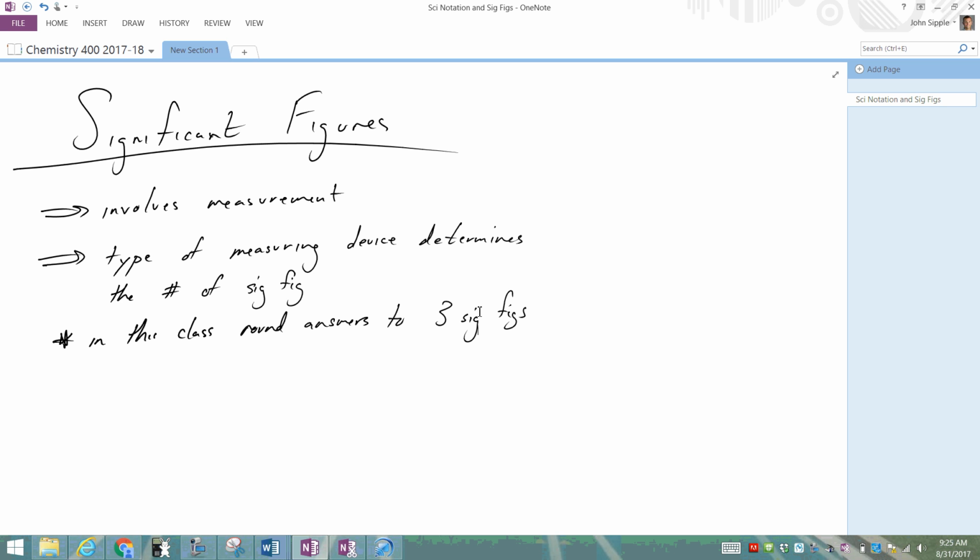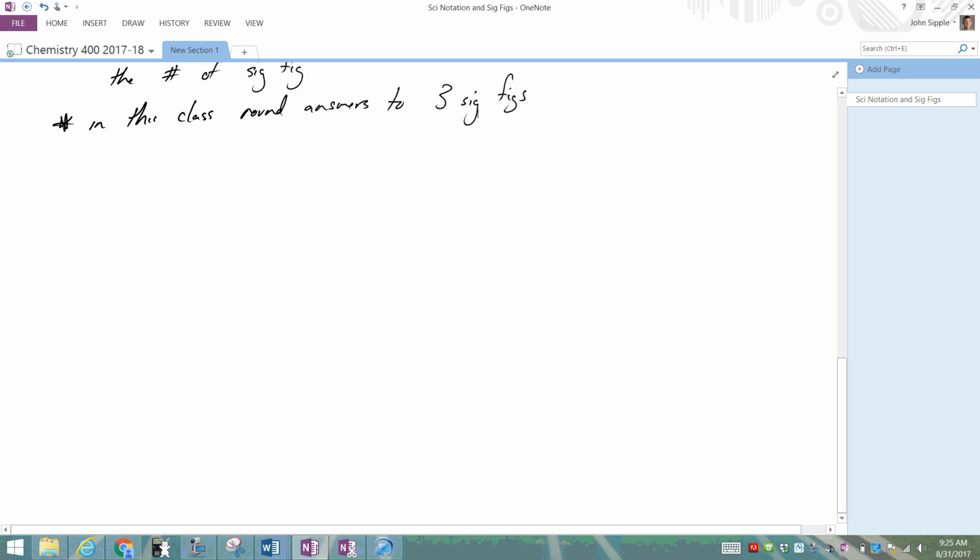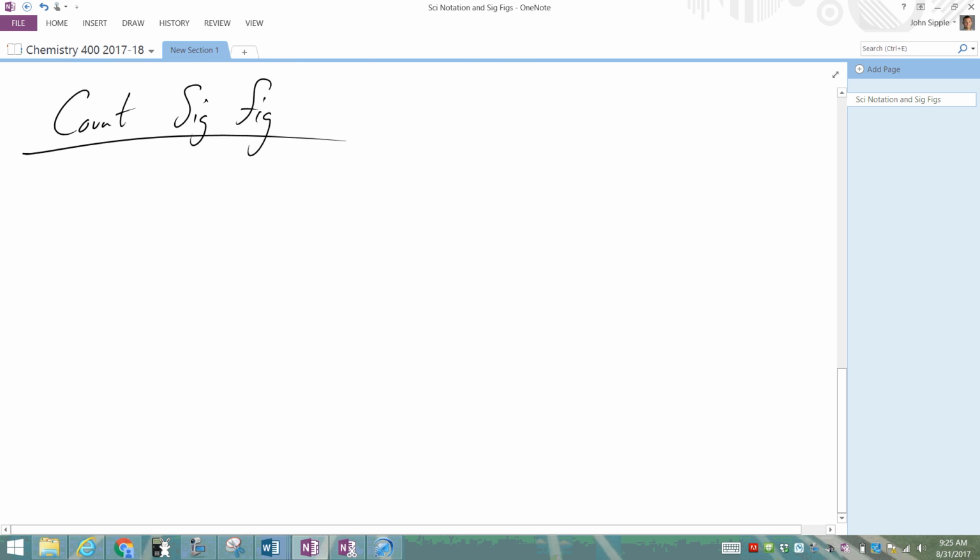How do we count sig figs? It's a really good rule, really easy. You guys saw your particle pictures. Drawings are bad, but I'm going to draw the United States right now.